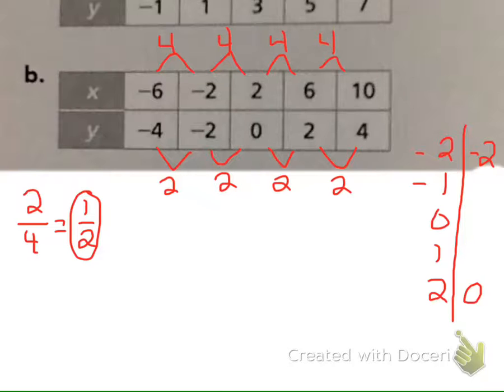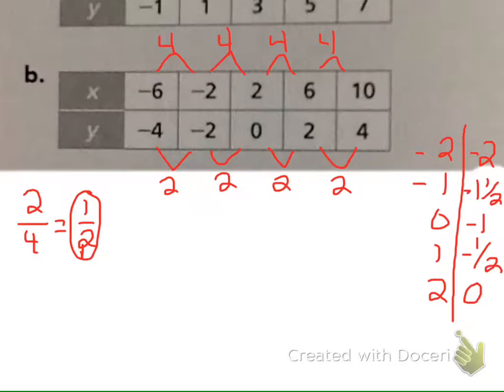Okay, so my slope 1/2 means that every time my x is going up 1, my y is going up 1/2. So -2 plus 1/2 is -1/2. And then -1/2 plus 1/2 is -1. -1 plus 1/2 is -1/2.